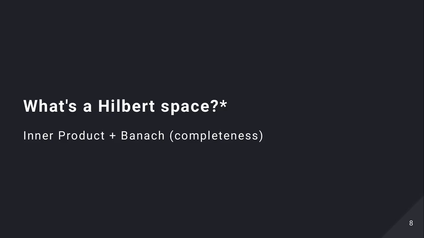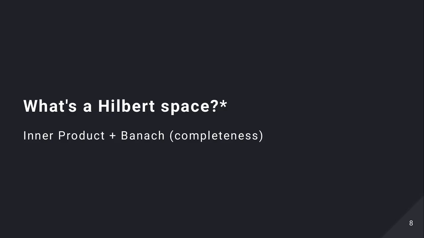But the use of the word Hilbert space to denote these kinds of vector spaces was not started by him. So he was very confused. There's a funny story about him going to a seminar and hearing people talking about Hilbert spaces and being very confused by what they actually meant.